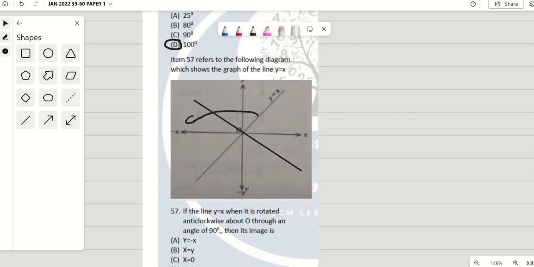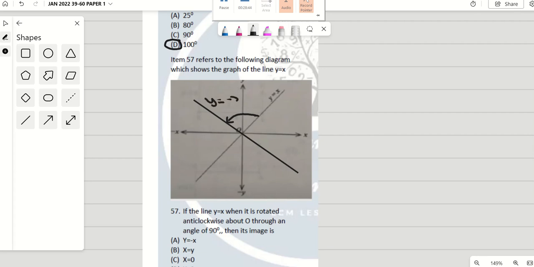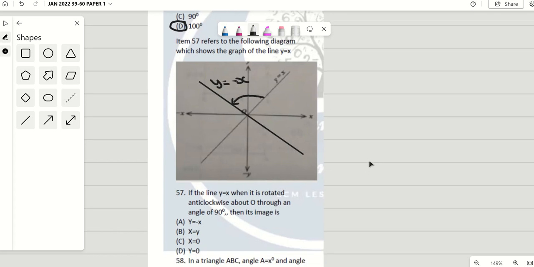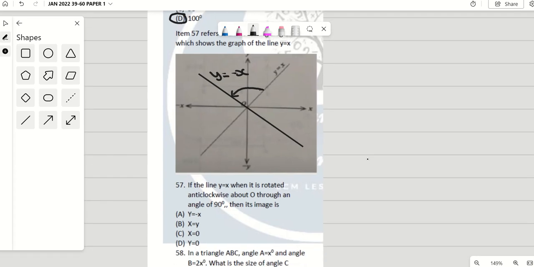So this is a new line here. They said it went through a 90 degrees angle in an anti-clockwise direction. That means the new line is here, this line that I drew. And the equation of this line is y is equal to minus x. It is not x is equal to y. x is equal to y is the same line here.